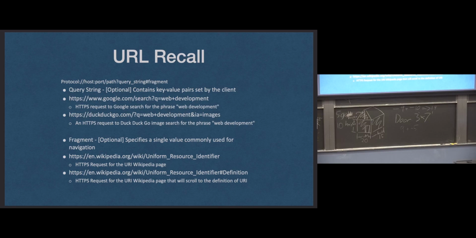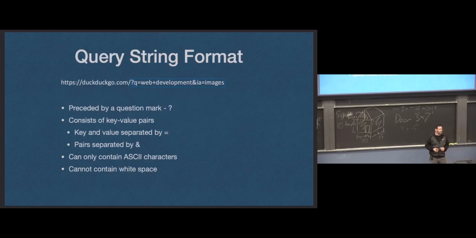Both of those are optional, so if you don't have a question mark or hashtag, you don't have any query string or fragment. The query string is preceded by a question mark that says the query string is about to start. And then we have key value pairs that are separated by ampersands, and the key and value are separated by equal signs.